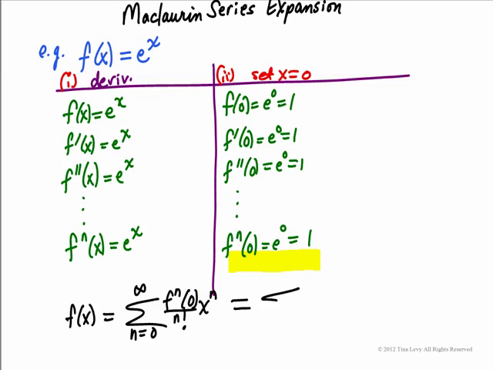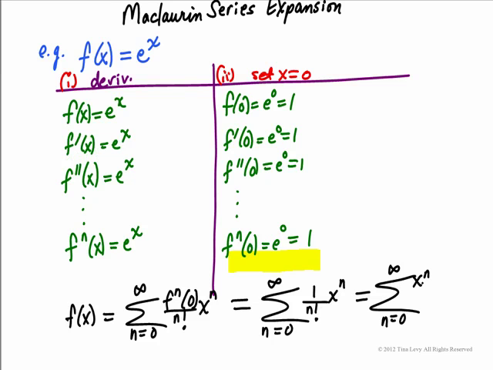So this becomes the series n goes from 0 to infinity. Substituting 1, we get 1 over n factorial x to the n, which I just write as x to the n over n factorial. This is the Maclaurin series for the function e to the x.